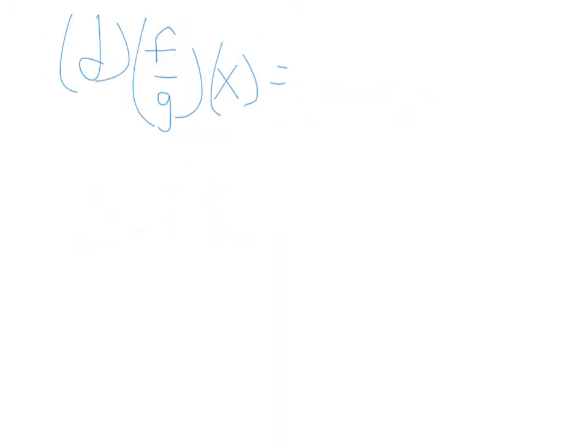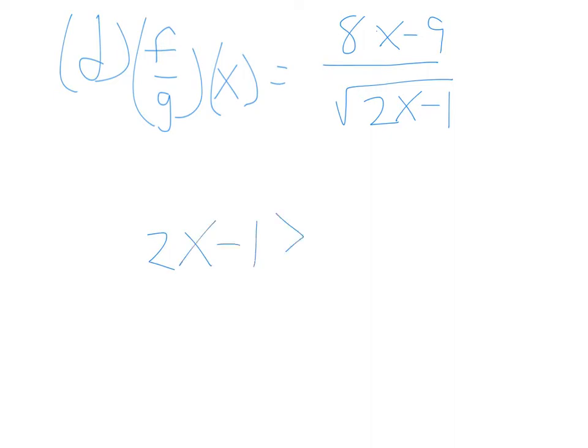And for f divided by g of x, that's equal to the function f, 8x minus 9, divided by the function g, which is the square root of 2x minus 1. Now, since you cannot have a negative number underneath the radical, and you cannot have 0 on the bottom, the input must be strictly greater than 0, which means x must be strictly greater than 1/2.